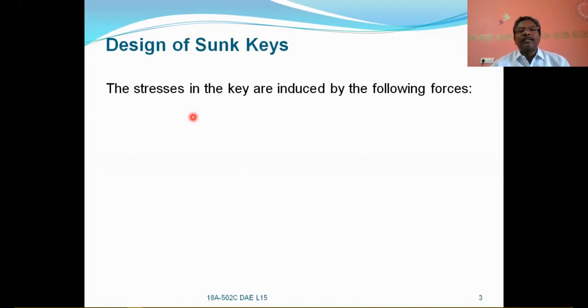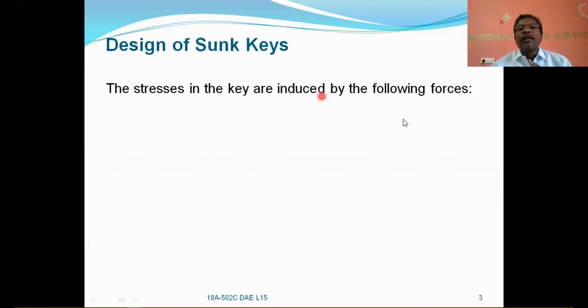Due to this, some forces act while transmitting the torque from the shaft to the hub of the mounting. Due to those forces, some stresses are developed in the keys. So what are those stresses?